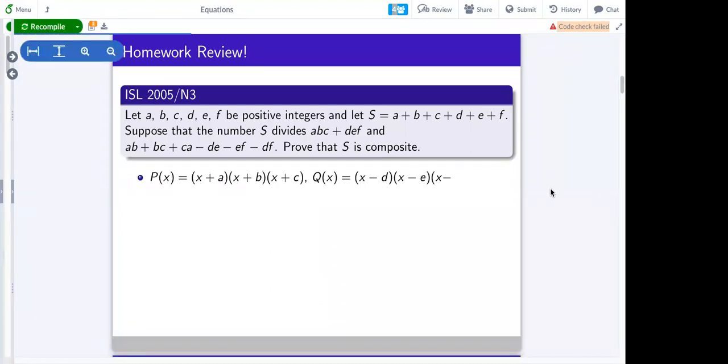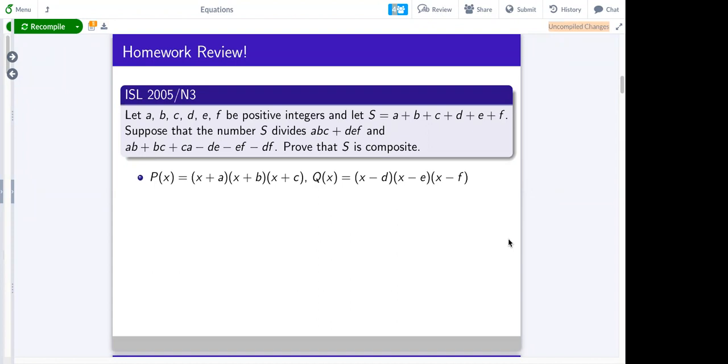So what's an easy way to get all of the expressions which we see inside this question? Yeah, subtract. So we're just going to subtract these two.